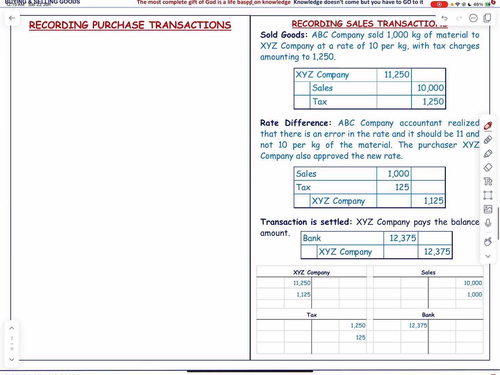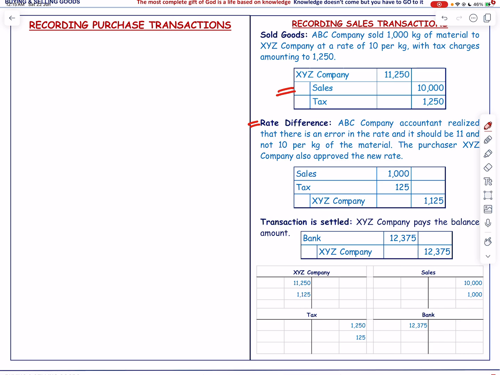So let us now consider the third scenario. If rectification is necessary due to an incorrect rate applied or an error in the invoice amount, two possible situations can arise. First, there may be a requirement to reduce the sales amount, such as when the incorrect higher rate was applied, necessitating the difference in the sales figure.